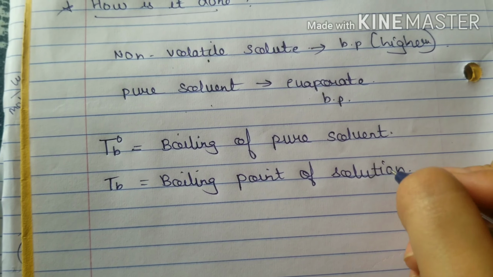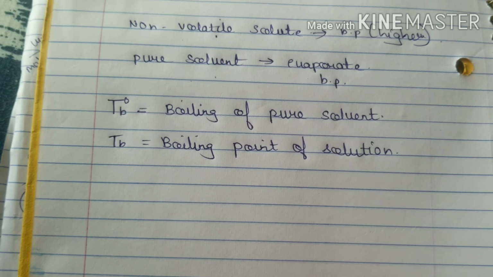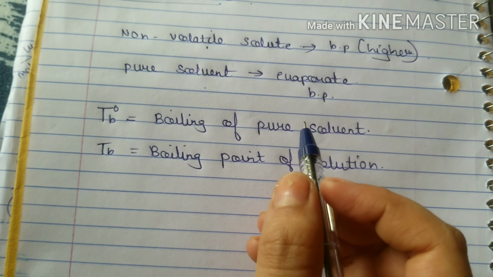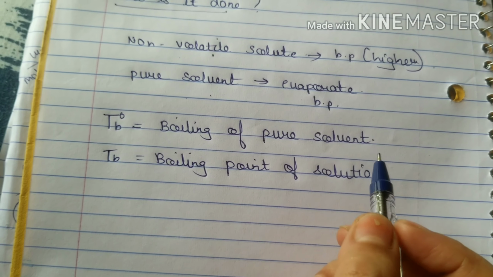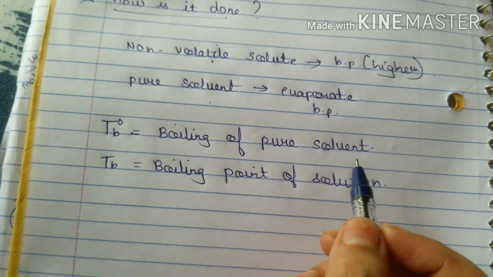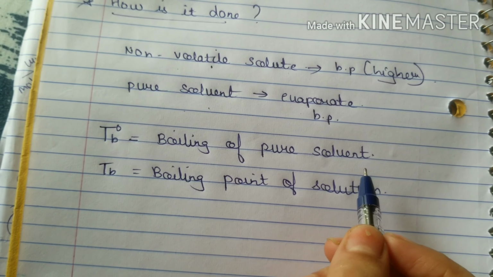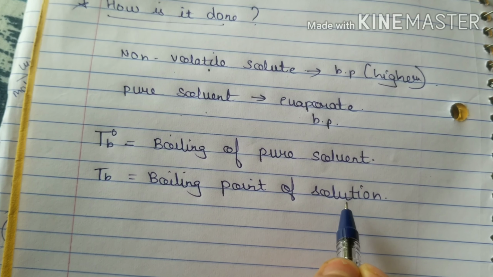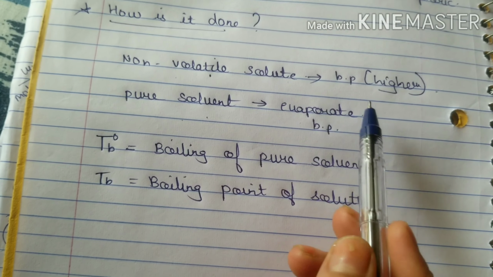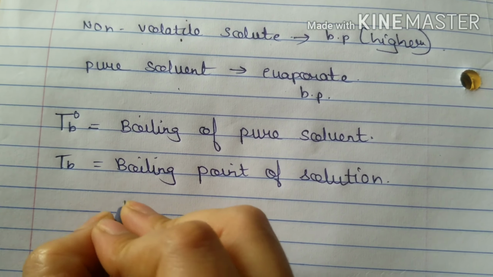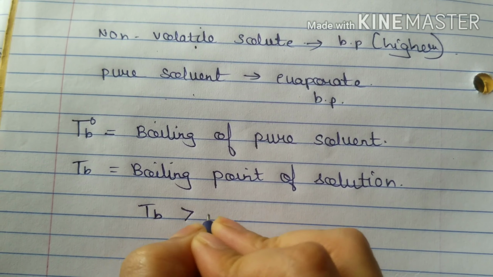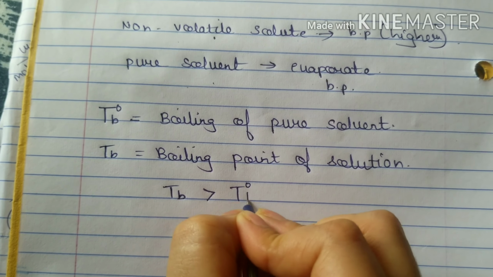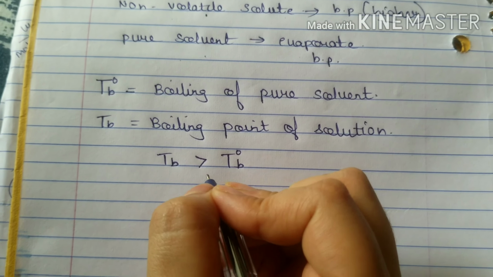Now if you compare these, the boiling point of the solution is going to be greater than that of the pure solvent. The pure solvent evaporates faster, which means its boiling point is less, and the boiling point of the solution is more because you have added a non-volatile solute to it. So can I write it as TB is greater than T naught B, that is, the boiling point of the solution is greater than the boiling point of the pure solvent, right?